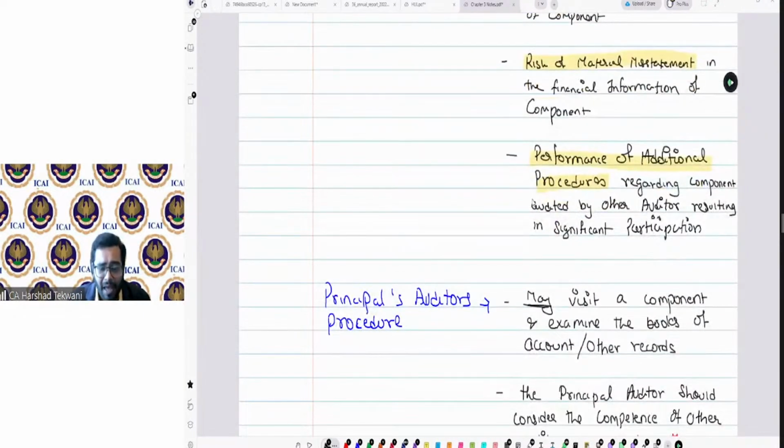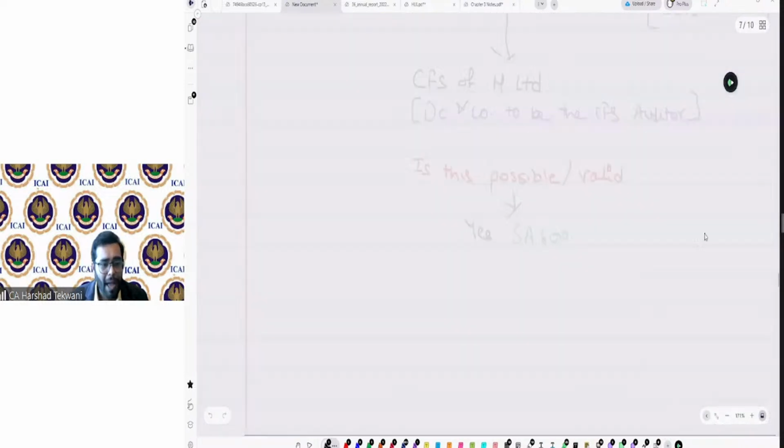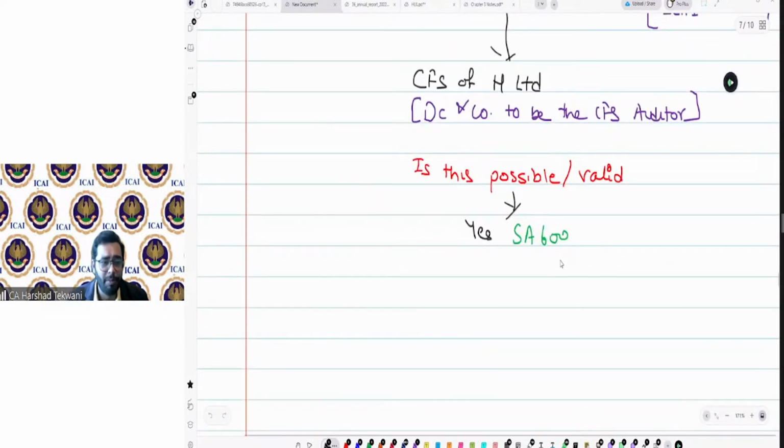All these things determine whether the auditor of the standalone financial statement can be the auditor of the consolidated financial statement or not. So, as per SA 600, yes, this is possible. The auditor can be different for the standalone and different for the consolidated.